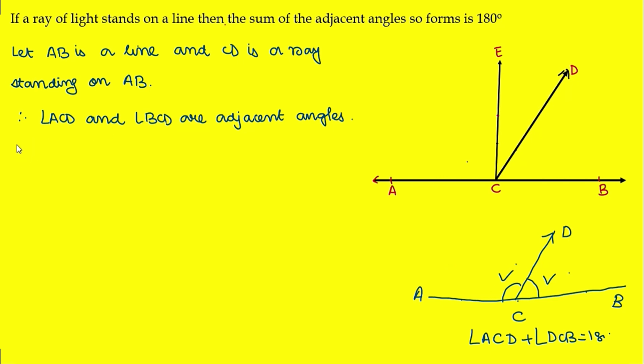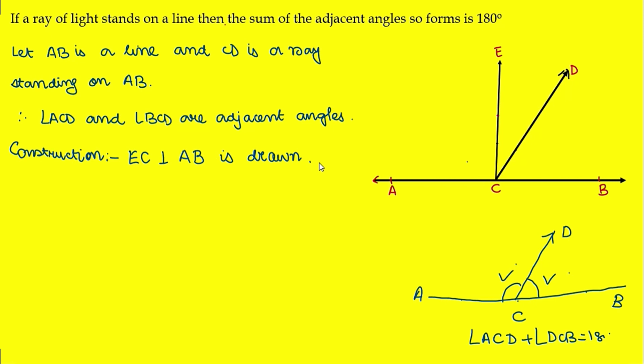For that we go for construction, just to ease our proof. What we do here in the construction is draw a line EC parallel to AB. So we write that EC parallel to AB is drawn.